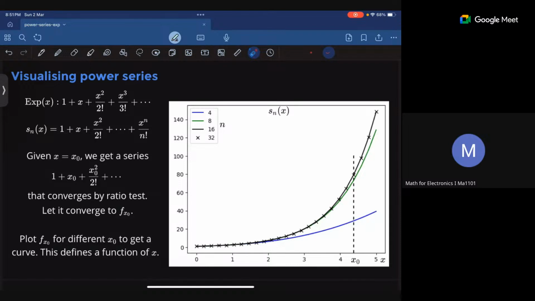Okay, so if you take and plot, you see that when you take the 4 terms, it will be like this. When you take 8 terms, it is following like this. When you take 16 terms, it is like the black line. When you take 32 also, you will start observing that it is almost equal to the black line only. So it is following the same black line path.